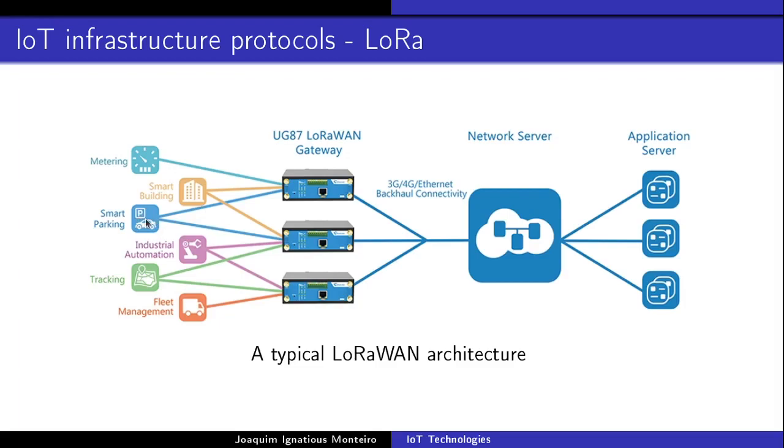This particular smart parking system is communicating the same info to two gateways. So the gateway identifies the duplicate information and sends only one of them to the network server. And here at the other end, you have the application servers. Say the user accesses this information. So this is the typical architecture of the LoRaWAN.